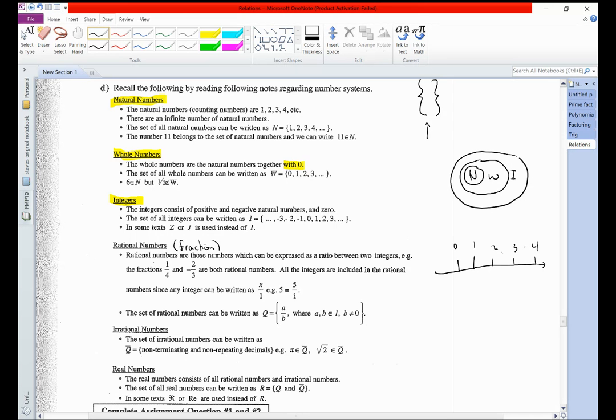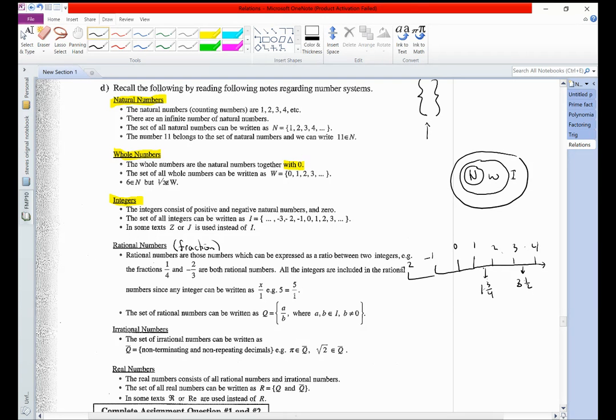Then we went to integers, so we went to -1, -2, and now we're at rationals, so we can have 3 1/2, or 1 3/4. So now we have fractions.